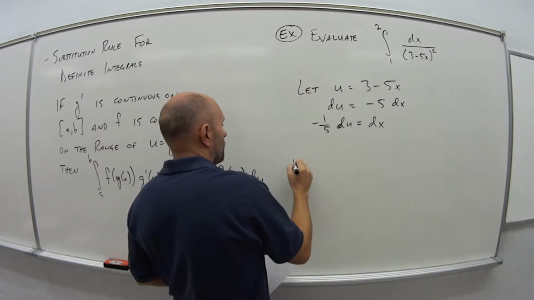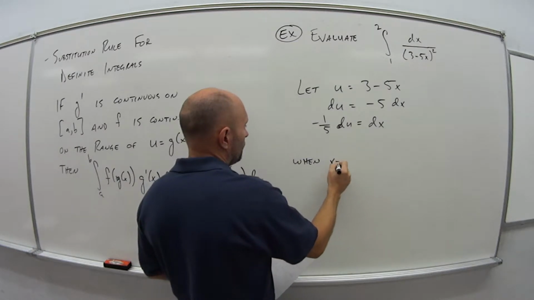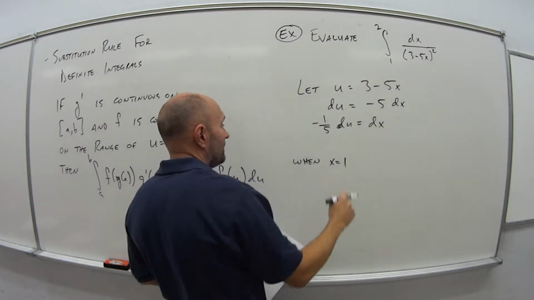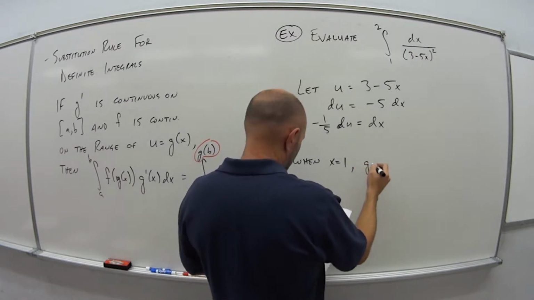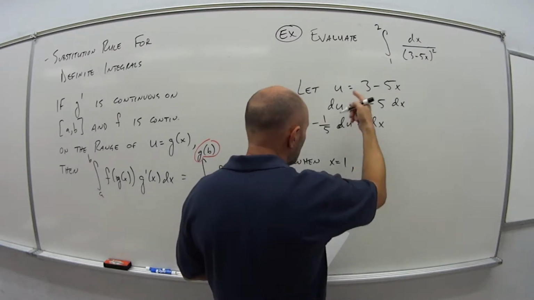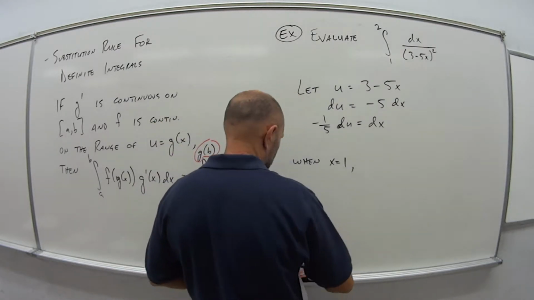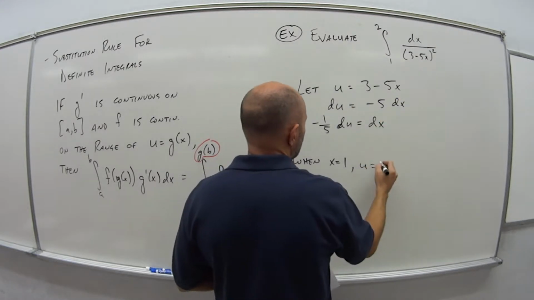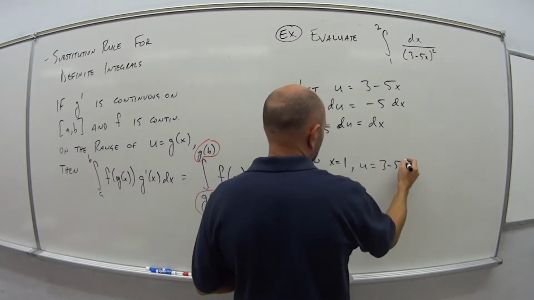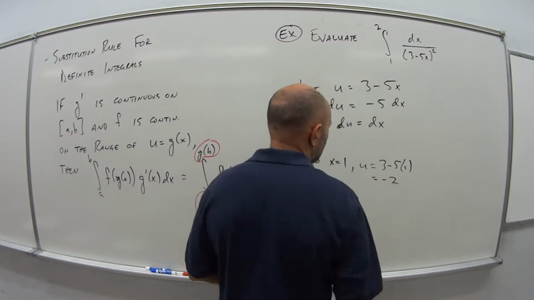So I'm going to say, when x is equal to 1, my a value, then g of x, which is our u, is equal to 3 minus 5 times our x value 1, which is 3 minus 5, negative 2.